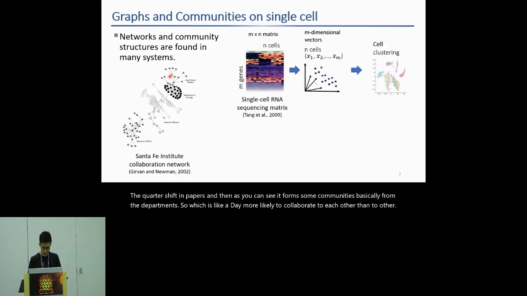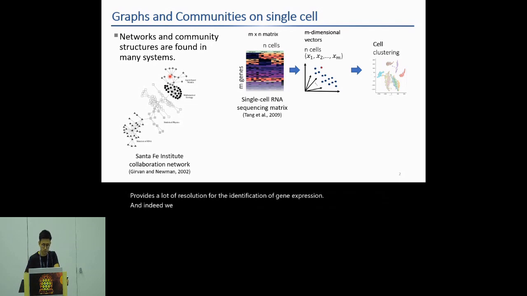departments. And fast forward to nowadays, we have single cell, which is very powerful and provides a lot of resolution for the identification of gene expression. Indeed, we have a cells by genes matrix, and from there we can reduce the dimension and try to cluster cells.